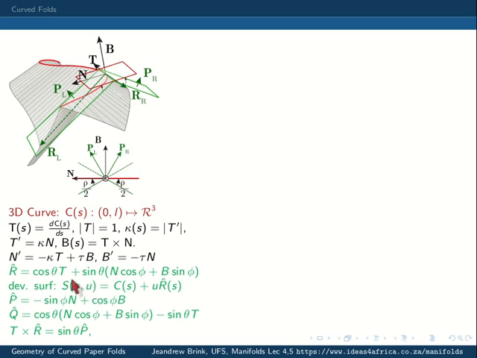And we worked that out, and we found that in the particular case of a developable surface, that thing is proportional to T cross R. And this identity is true for all these vectors defined here. We simply have that T cross R is sine theta p hat. And this p hat is a unit vector, and this is enough to show that that unit vector is actually the normal vector to that plane.